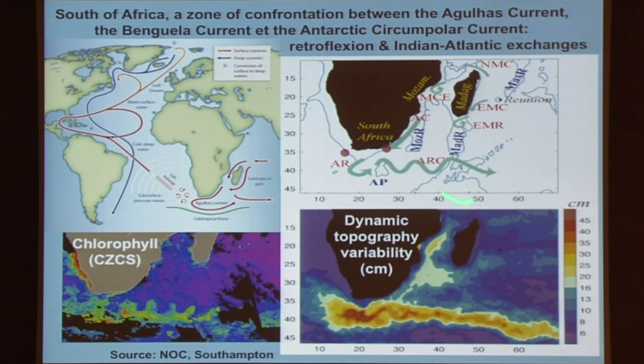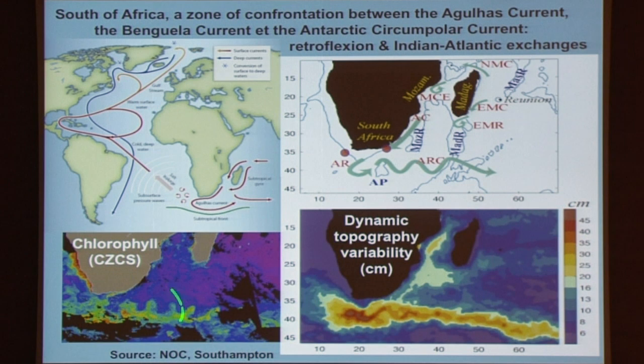The water masses at the surface here are more or less devoid of nutrients, whereas in the Southern Ocean we have a lot of nutrients due to upwelling. So clearly this is the reason why, when we look at the chlorophyll based on the color of the ocean, it's possible to see the meanders.